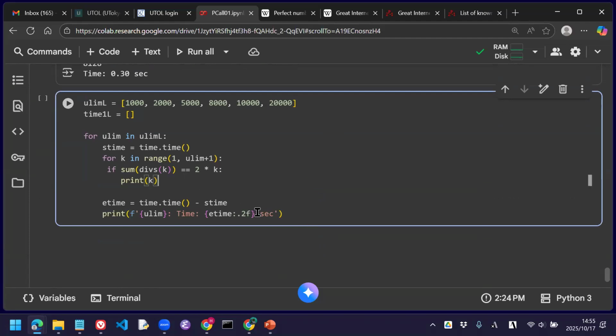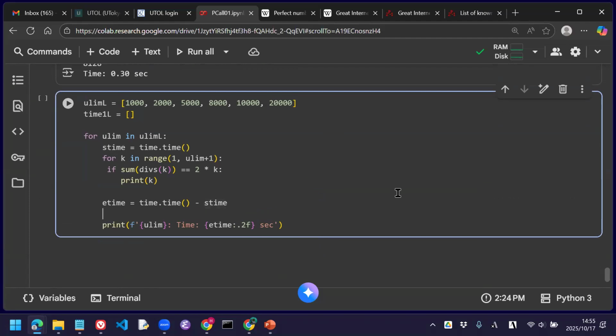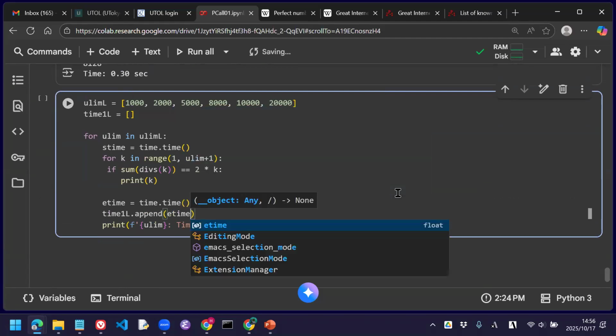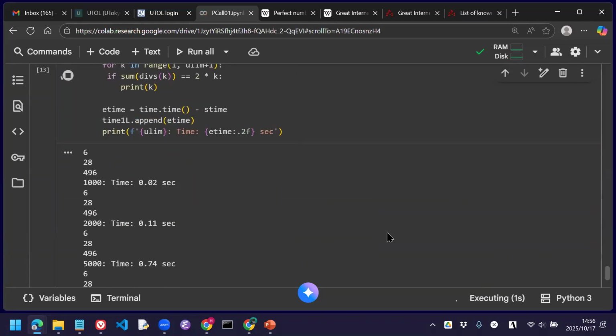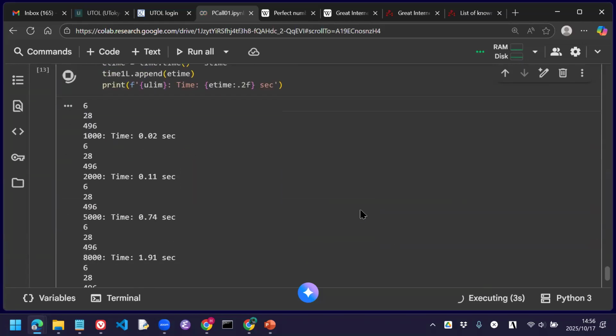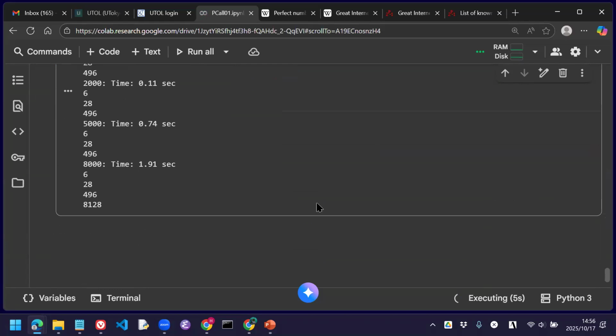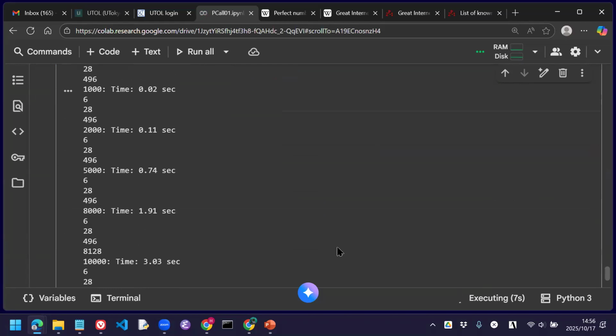At the same time, after doing that, we need to put time1L append the elapsed time, and write it down. I think this is good enough. Let's start it. We'll do it again and again, but it takes time.